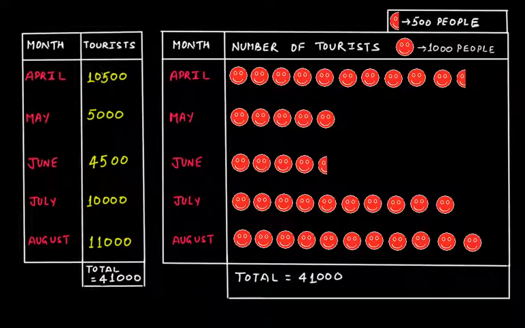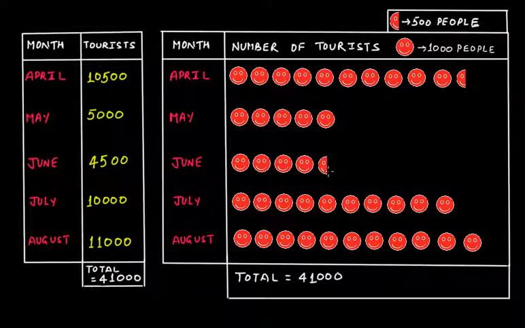So if I have to represent 10,500 tourists in the month of April, that means if one face represents 1,000 people, 10,000 will be represented by 10 faces, and this 500 will be represented using this half smiling face. This is 4,500, that means 4 full faces and 1 half smiling face.